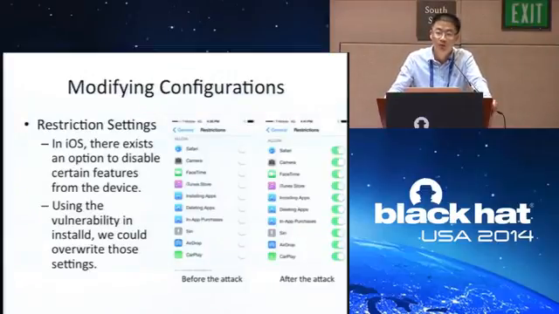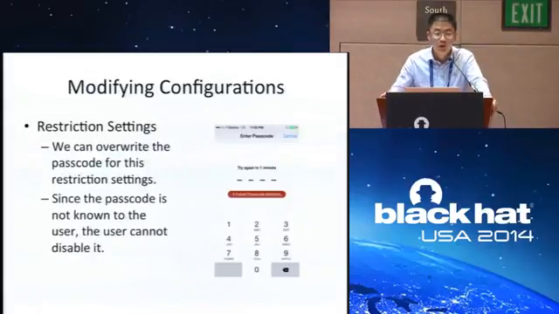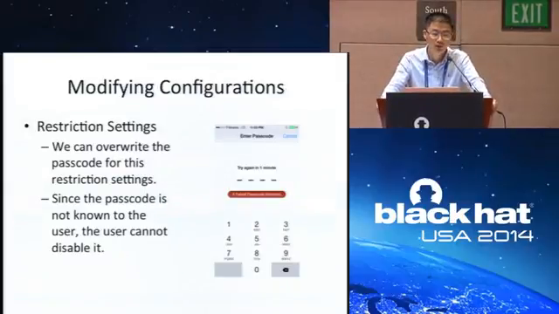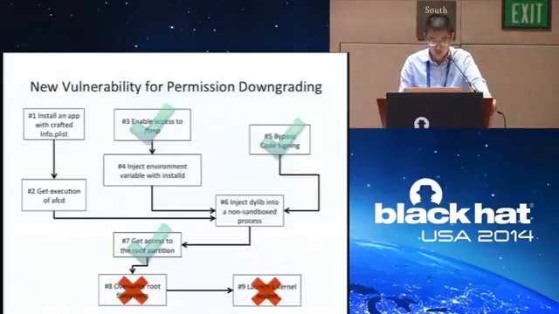But after the attack, we can re-enable all of them. More importantly, to enable the restrictions setting, the user needs to set up a passcode. Unfortunately, the passcode is also stored in that configuration file. That means install-D can overwrite the configuration file and reset your passcode. If you don't know the passcode, you cannot use the restrictions functionality anymore. We think it's a very severe denial of service attack.